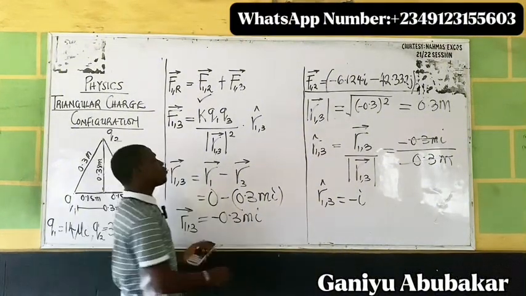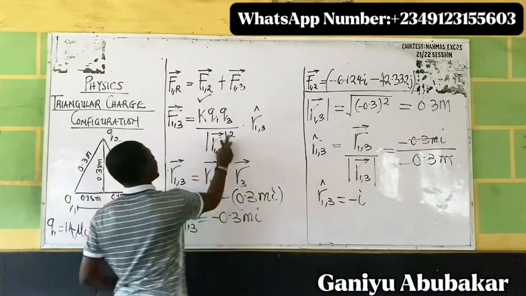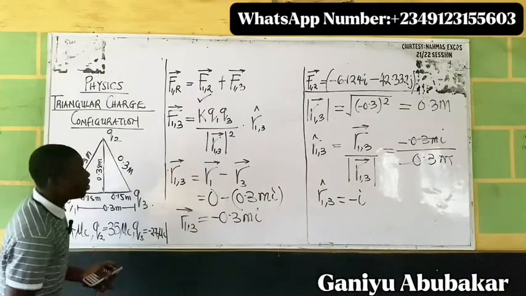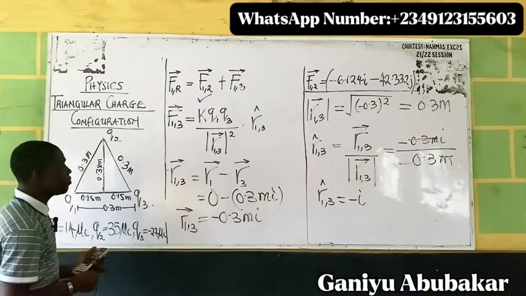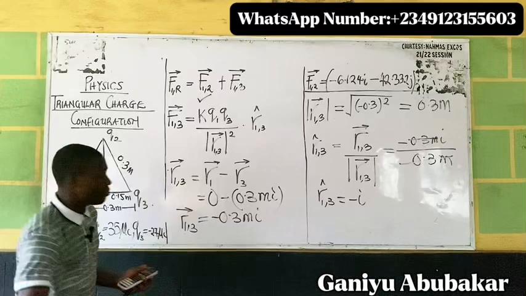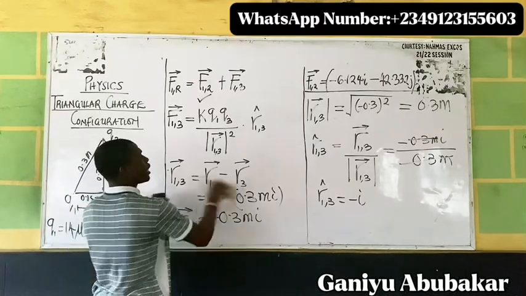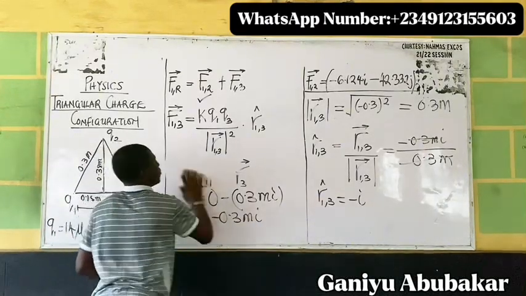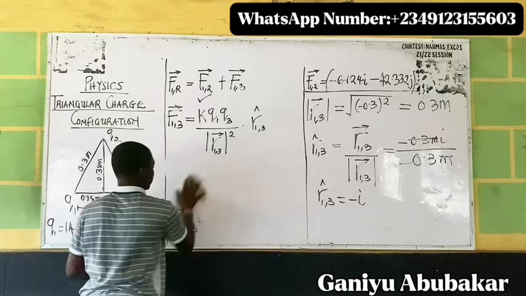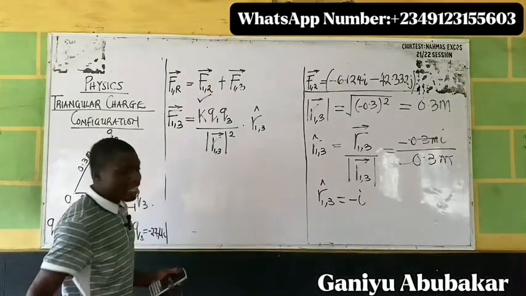Alright, let's put all this value here inside this part here and get the value of F13.